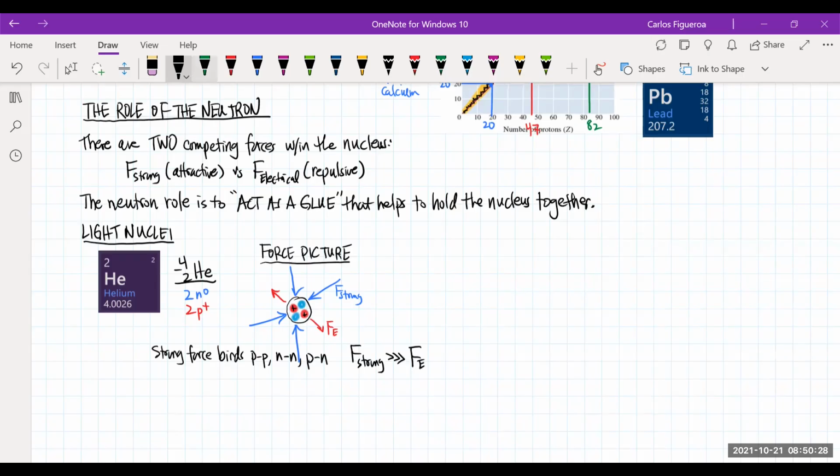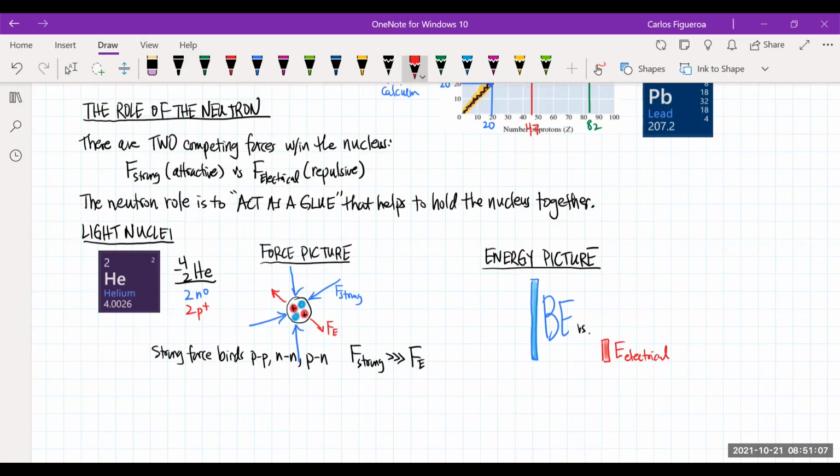So what you see here is that now if I look at the energy picture, what do we see? Well, the binding energy is just so much larger versus the electrical repulsion energy. It's just tiny in comparison. Just tiny.